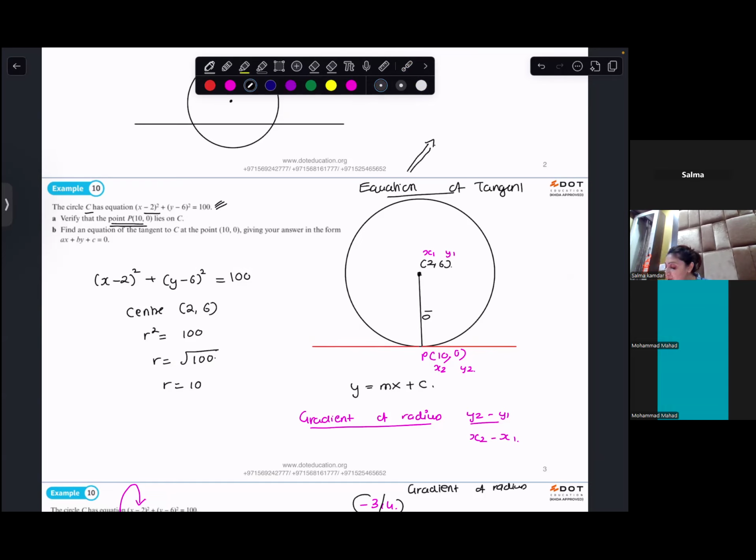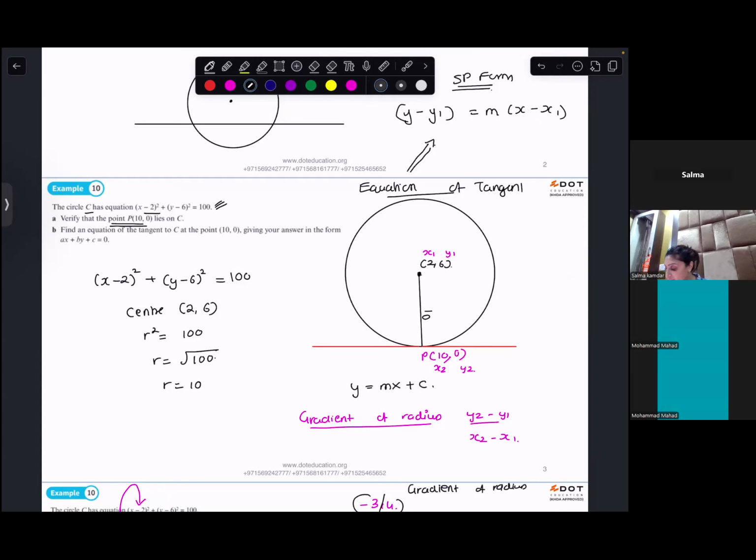We will use the slope point form equation. What is the slope point form? y minus y1 is equal to m times x minus x1.